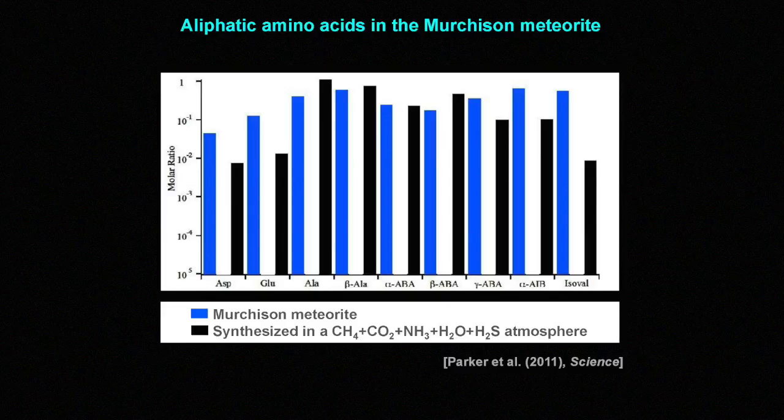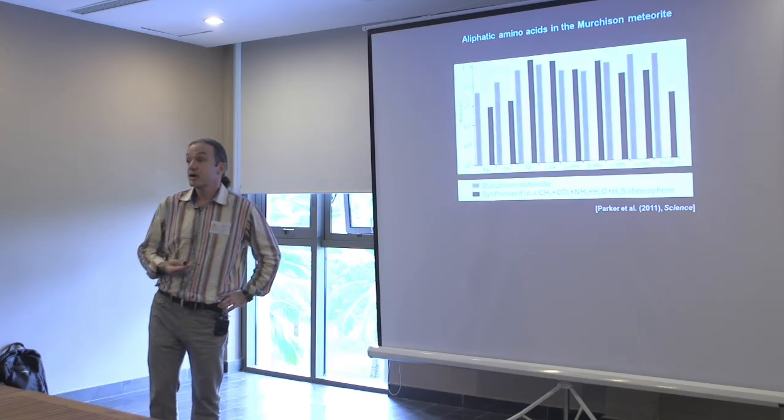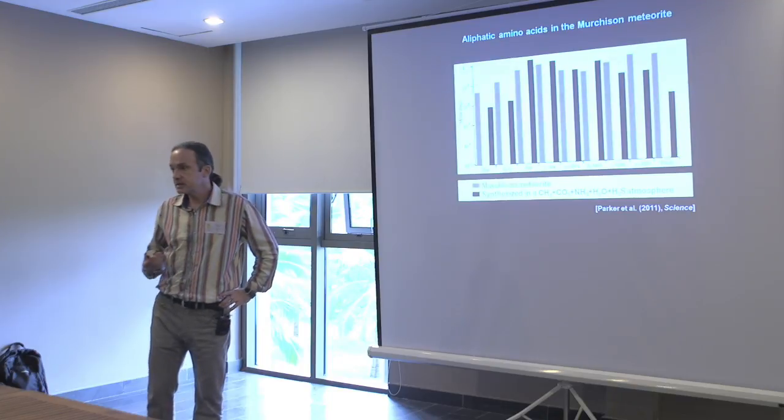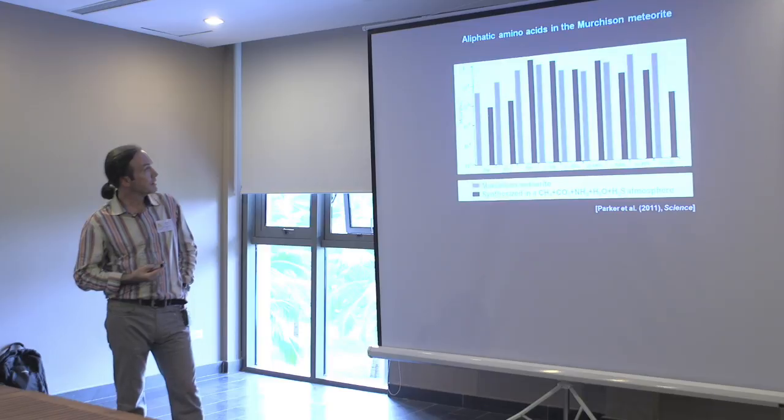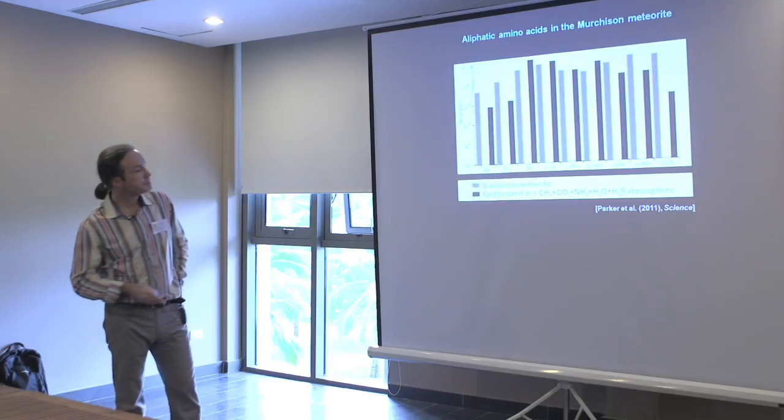And it's interesting that if we compare the relative amount of aliphatic amino acids, in particular, in the Murchison meteorite and the Miller experiment type experiments, okay, you see here the composition in the meteorite in blue, and this has been synthesized in a modified version of Miller's atmosphere. Okay? So you see that perhaps Miller-type chemistry is operating in different bodies in our universe. So perhaps our universe is plenty of amino acids. Who knows? Okay?